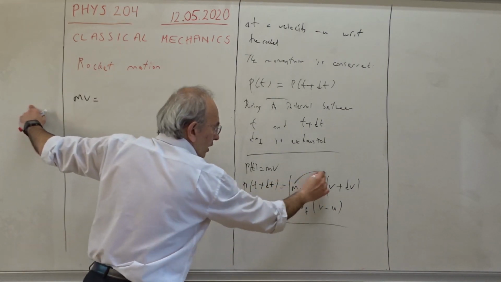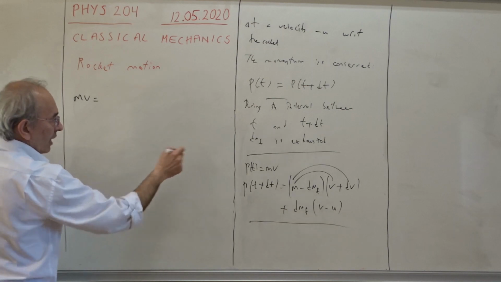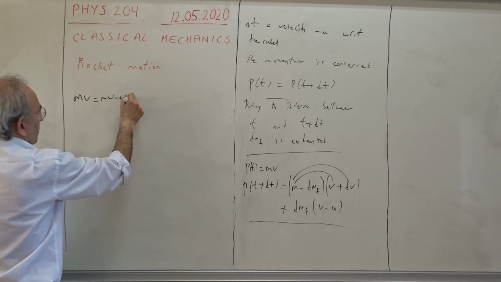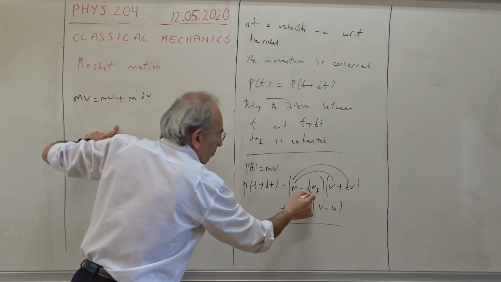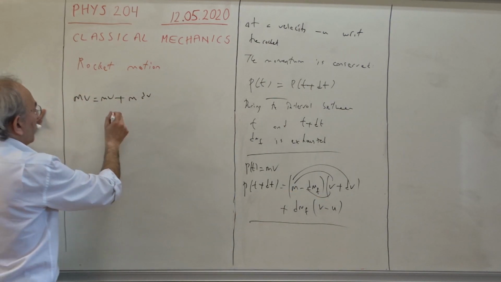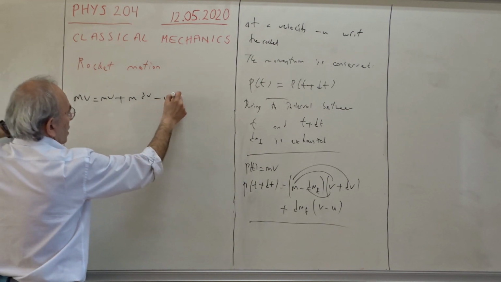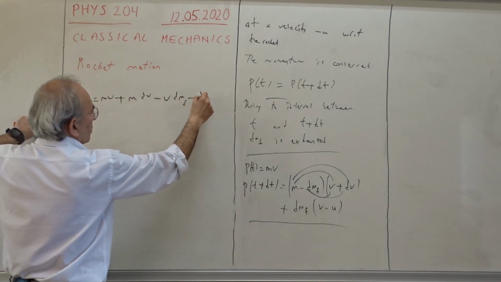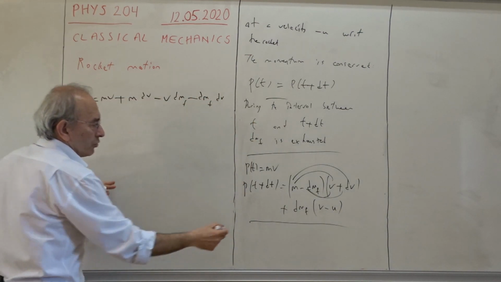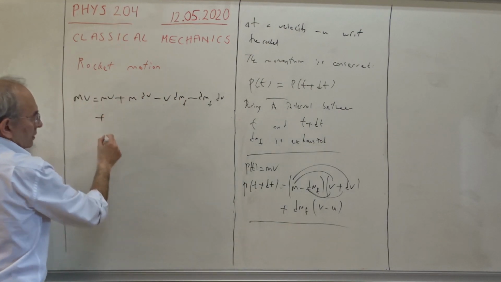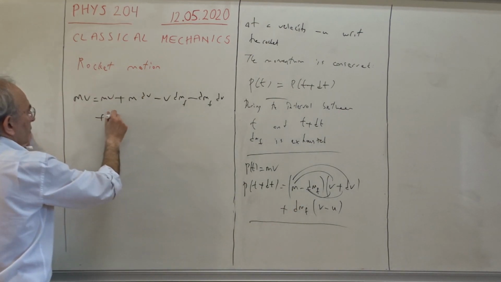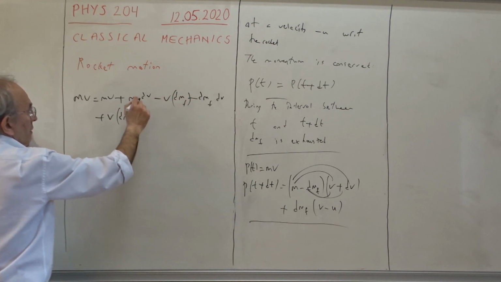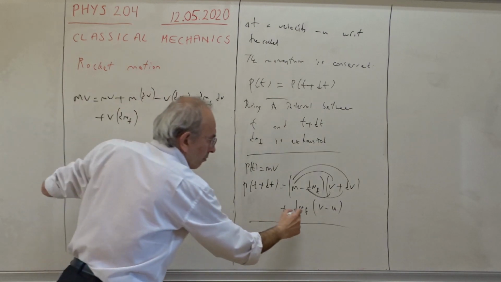The first parentheses gives m times v plus m dv minus v dmf and minus dmf dv. Continue with the lower term: plus v dmf and minus u dmf.